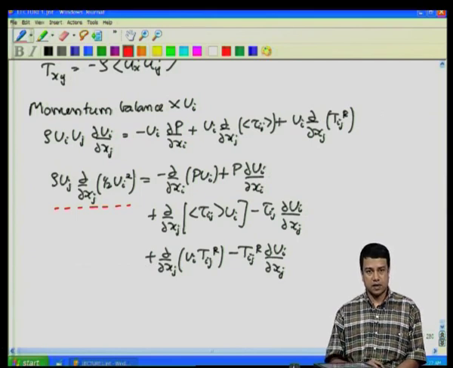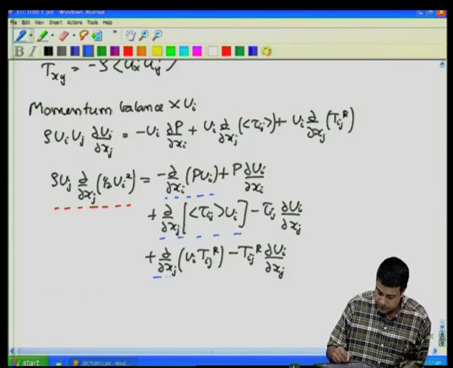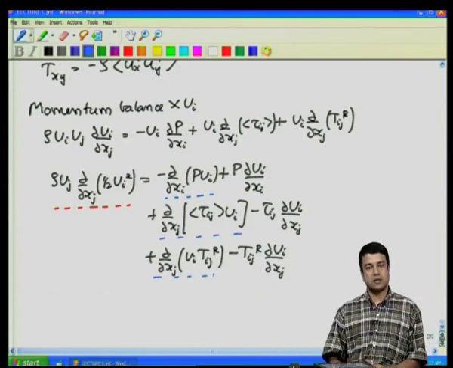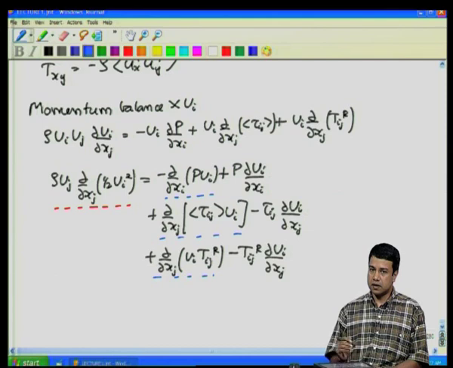The three terms that you see on the left hand side are all the divergence of something, in all cases the divergence of a vector. If you have the divergence of a vector integrated over a volume, that is equal to n dot that vector integrated over the surface.